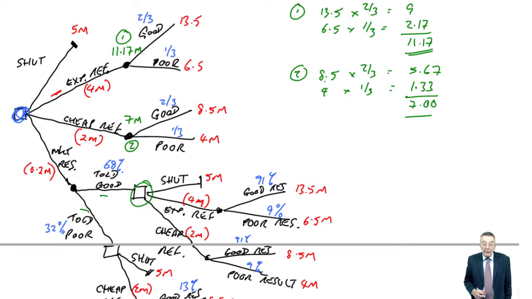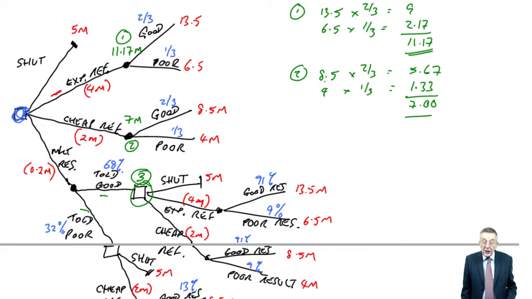You see, if you're doing market research and we're told it's good, well, the return we get depends on whether I'm going to decide to shut, expensive or cheap. And so before I can look at the benefit of the market research option, I have to decide what I would do if that happened. If we did research and if we were told it was good, what would I decide to do? And so let's look at that a little bit on its own.